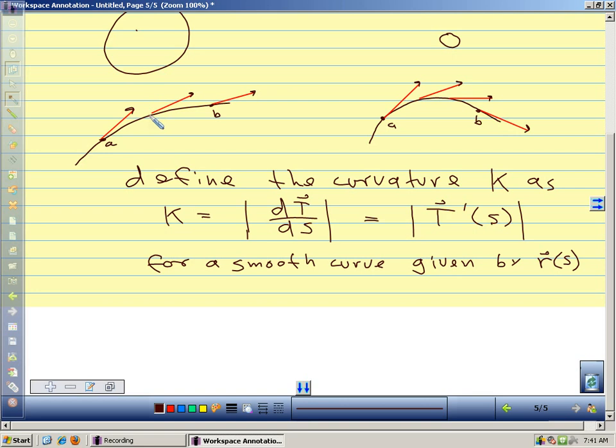So when the curvature is smaller, the radius is larger or smaller? When the curvature is less, is the radius bigger or smaller? Bigger. And when the curvature is large, the radius is small. So the curvature and the radius are inversely related. So we're going to define our radius of curvature as 1 over k.